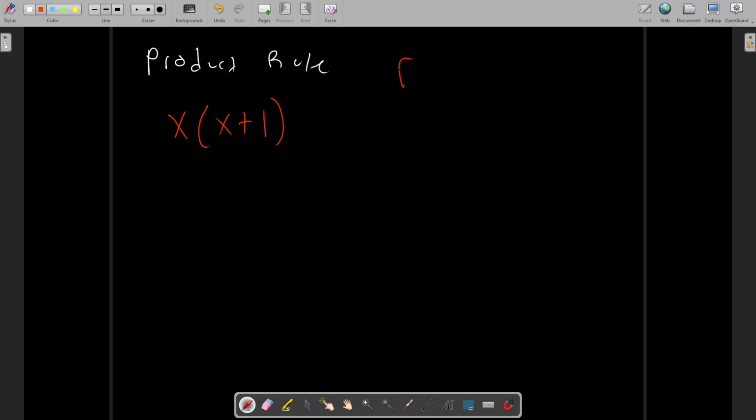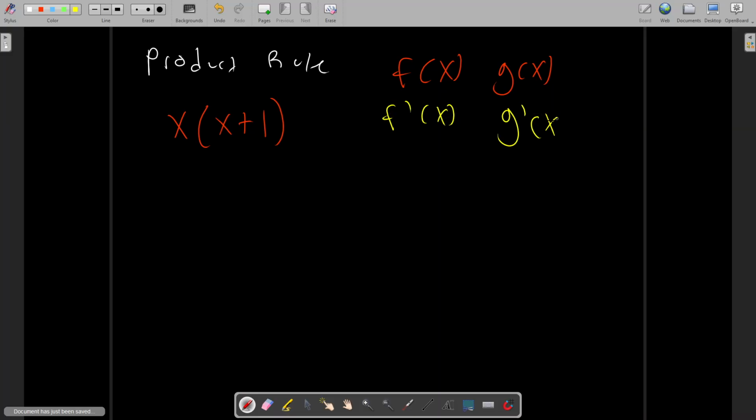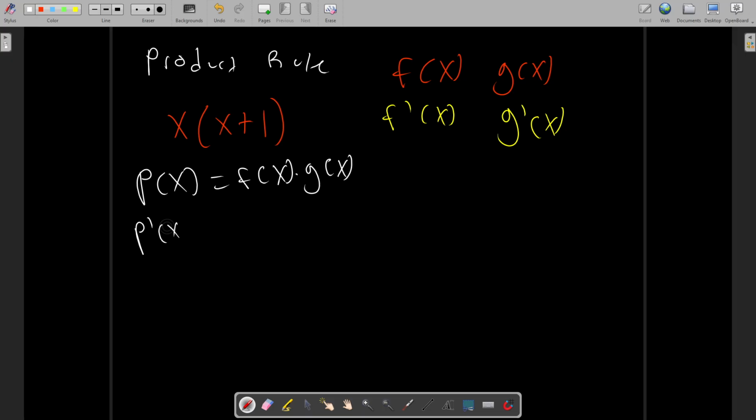Well, say we have a function f of x and a function g of x. Then we have the derivative of f and the derivative of g. Well, let's say p of x is equal to f of x times g of x. So what is p prime equal to then?